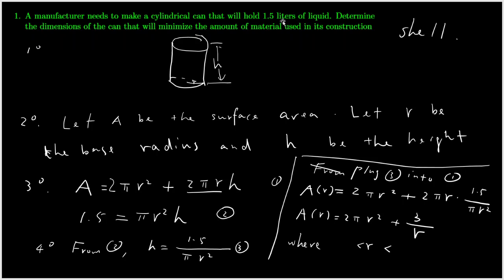And then under that condition, you identify what is the largest possible value of the base radius and what is the smallest possible value of the base radius. Anybody want to try?